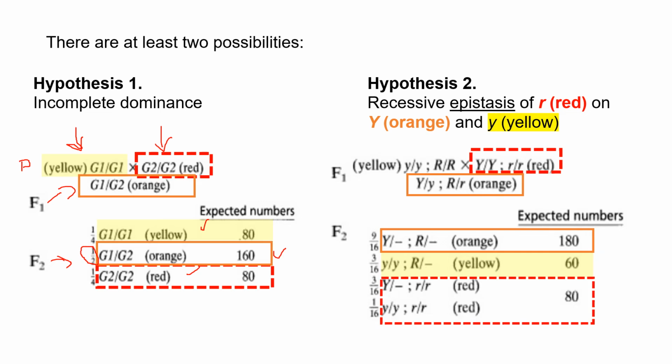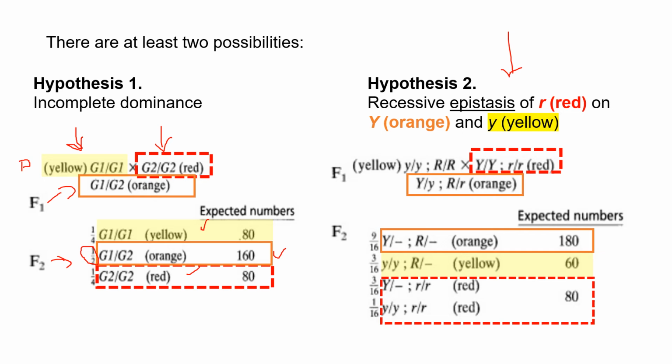So this is not the simple Mendelian inheritance. The other possibility is an example of epistasis, which is slightly more difficult. In this case, it is epistasis of red, recessive on the r, and yellow on the capital Y, dominant.